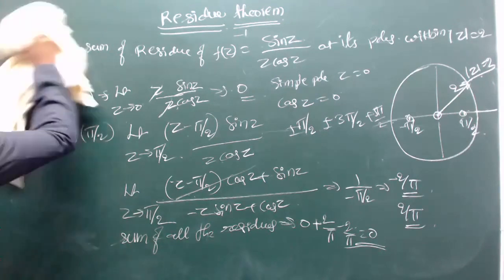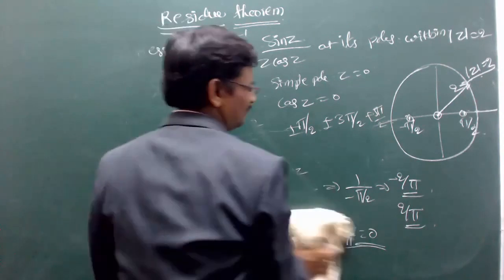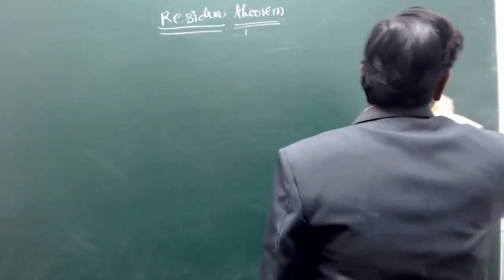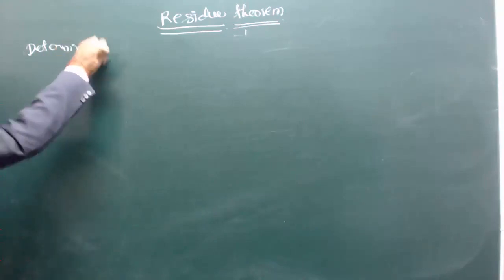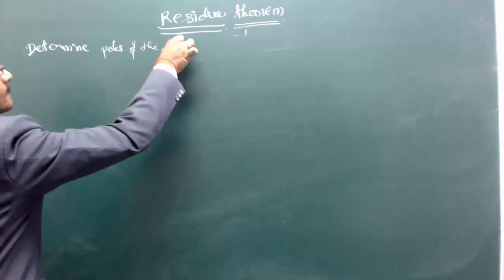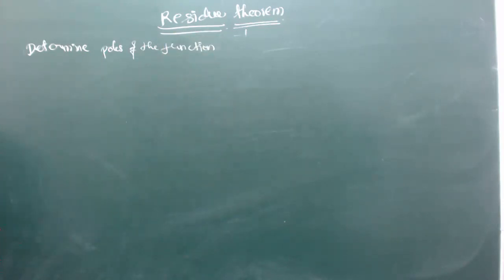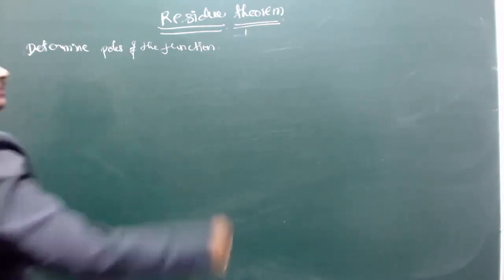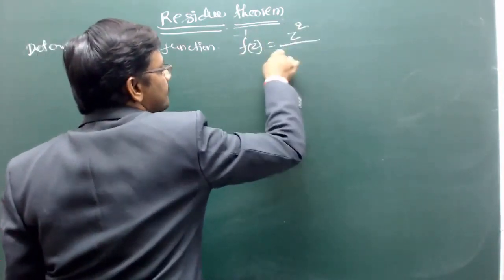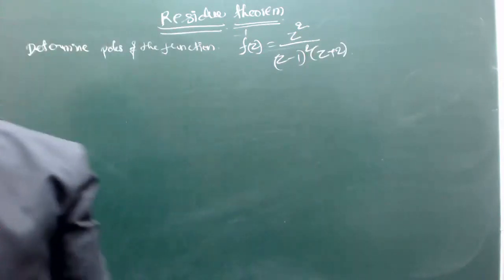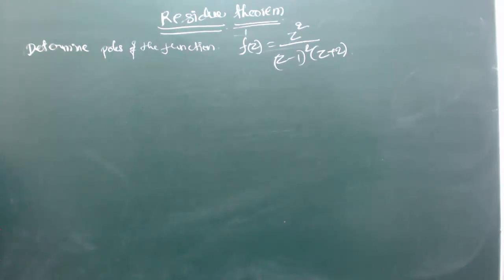So note down one more. Determine poles of the function z square by (z minus 1) whole square into (z plus 2), and the residue at each pole.